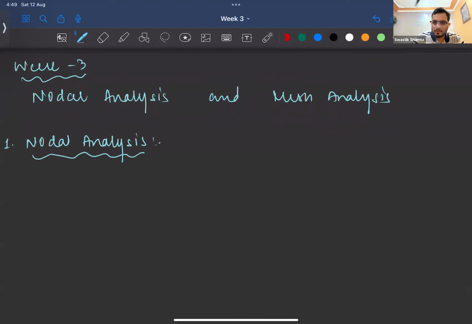So what is a node? We did talk about it in the last lecture. A node is nothing but a terminal at which any element can be connected, right?